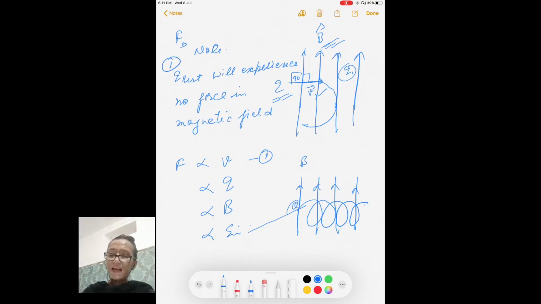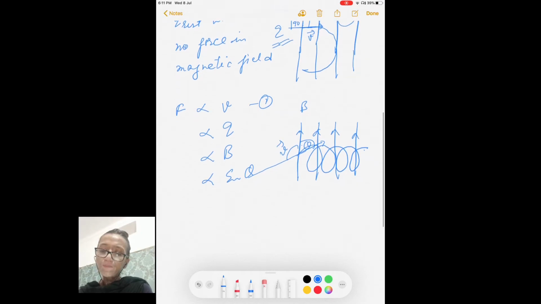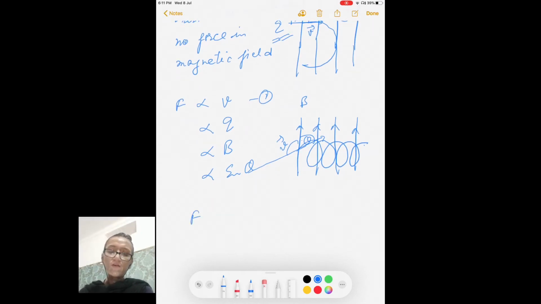So if this angle is theta, here you have theta between the direction of velocity and direction of magnetic field.